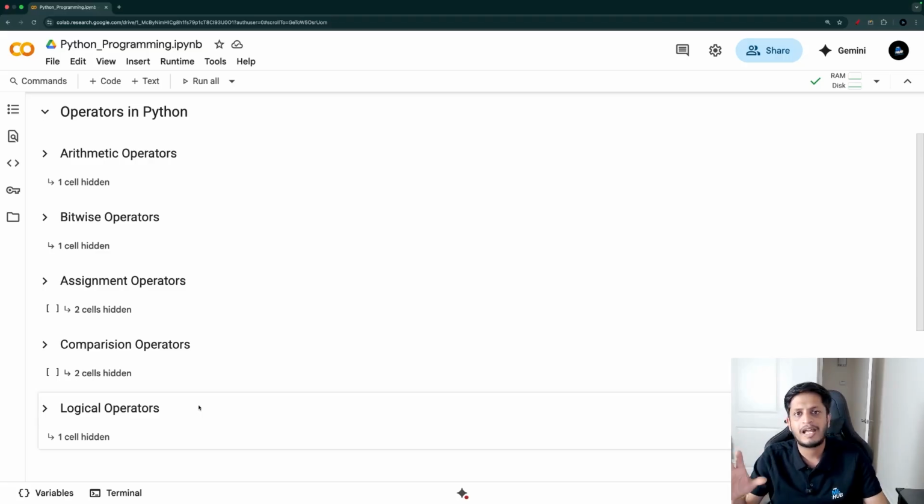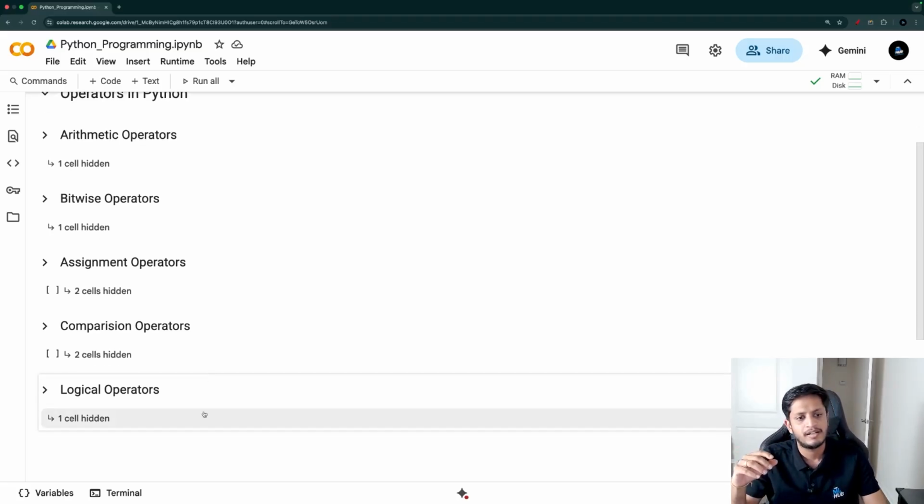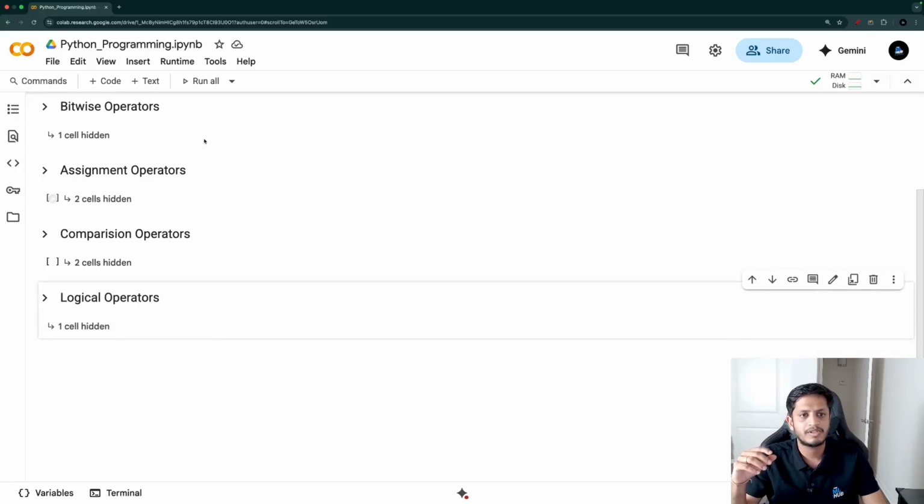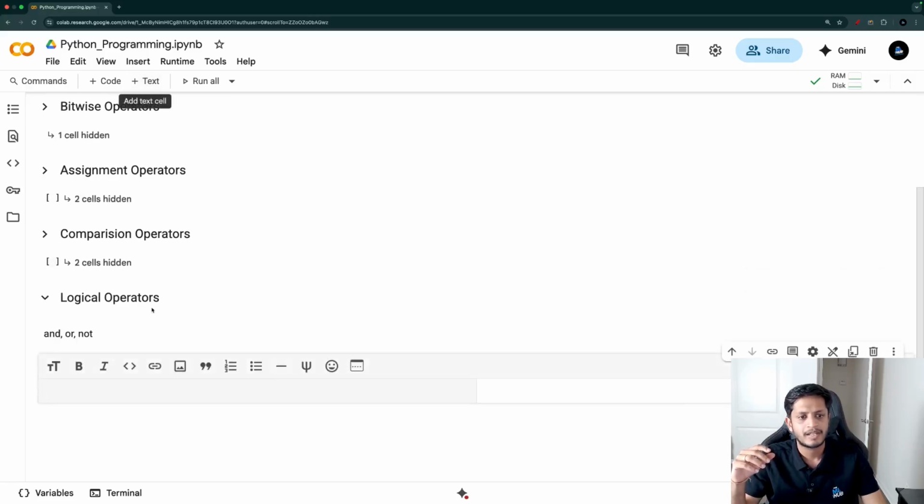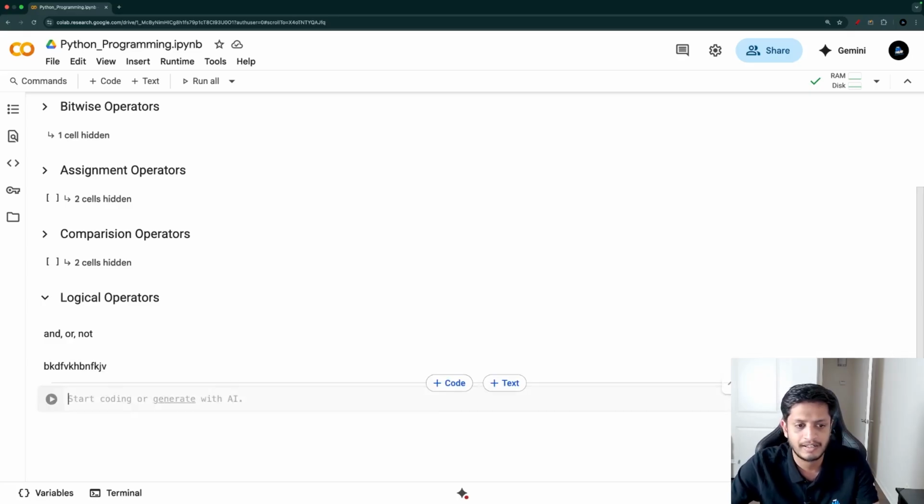Firstly, in this Colab I have created some text boxes. It's very simple to create a text box in Colab. You just need to click this plus text button and it will create a text cell. This is not like a normal code cell in which you can write code and run code. This is just a text cell. If you write any piece of text here and hit shift enter, it will just display this text.